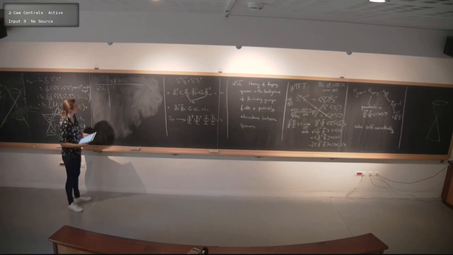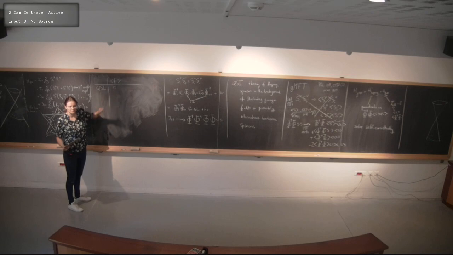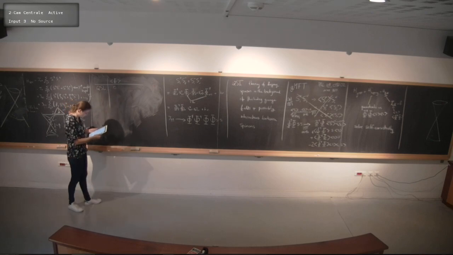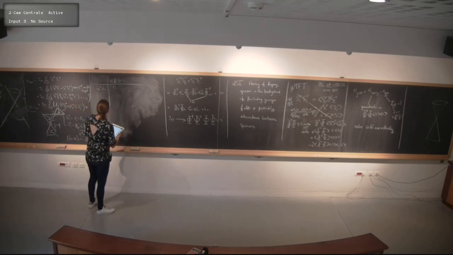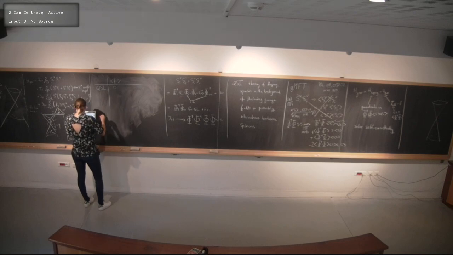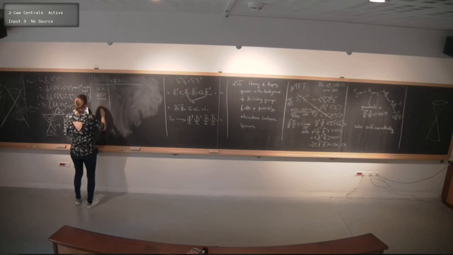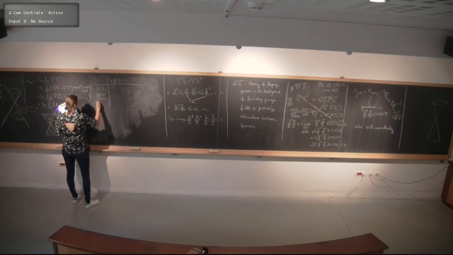And this means that the spinons are not condensed. I'll try to get back to this in a second. And then we have an antiferromagnetic phase. So this is an ordered phase. In other words, it's a product state.